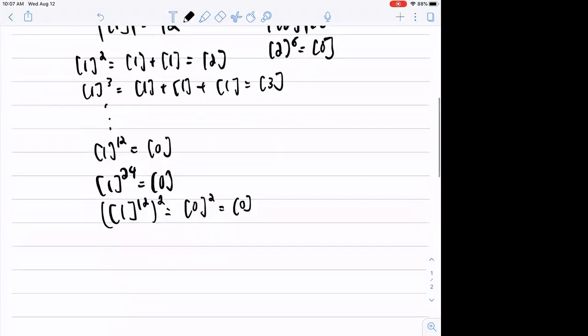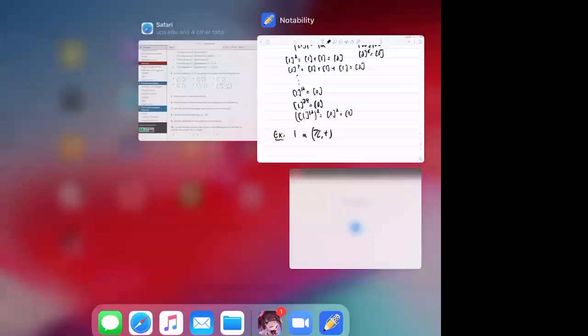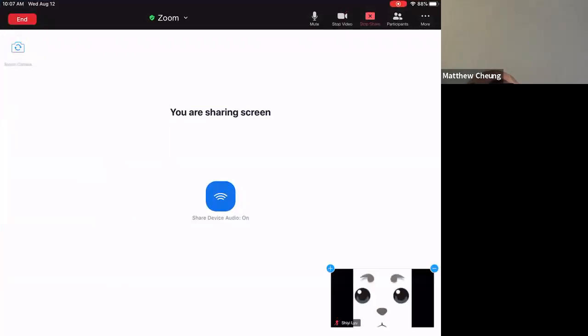So next example, what's the order of 1 in Z? So again, hopefully it's implied by now it's addition. What's the order of 1? So how many times do I add 1 until I get 0?